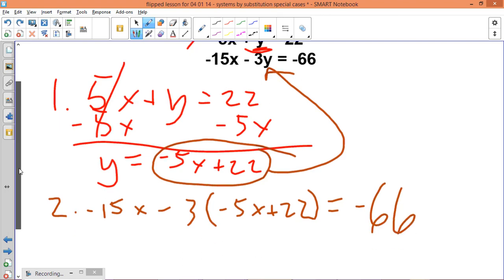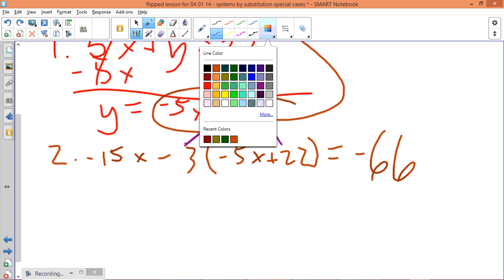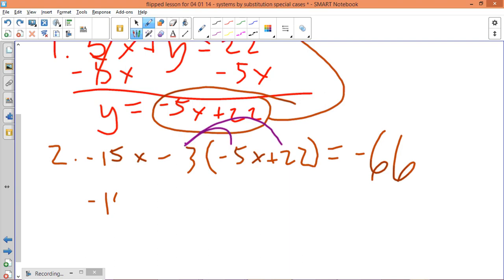Now, it's clearly time to distribute. Negative 3 times negative 5x, negative 3 times 22. So I get negative 15x minus 3 times negative 5 is positive 15, so positive 15x. Negative 3 times positive 22 is negative 66.